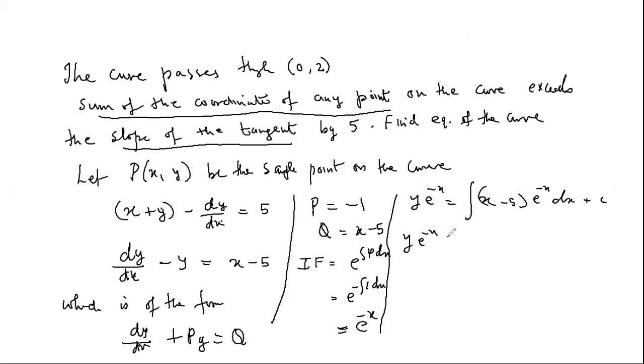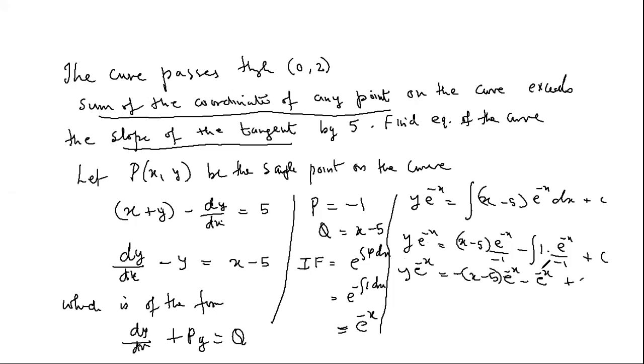y into e raised to minus x: first function into integral of second, minus integral of derivative of first into integral of second. So I can write your answer as y e raised to minus x is equal to minus (x minus 5) into e raised to minus x, minus e raised to minus x, plus c.